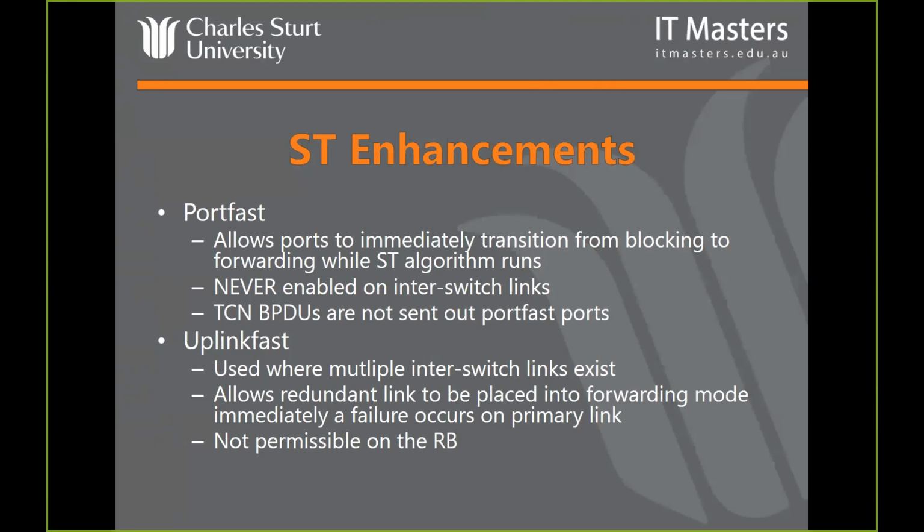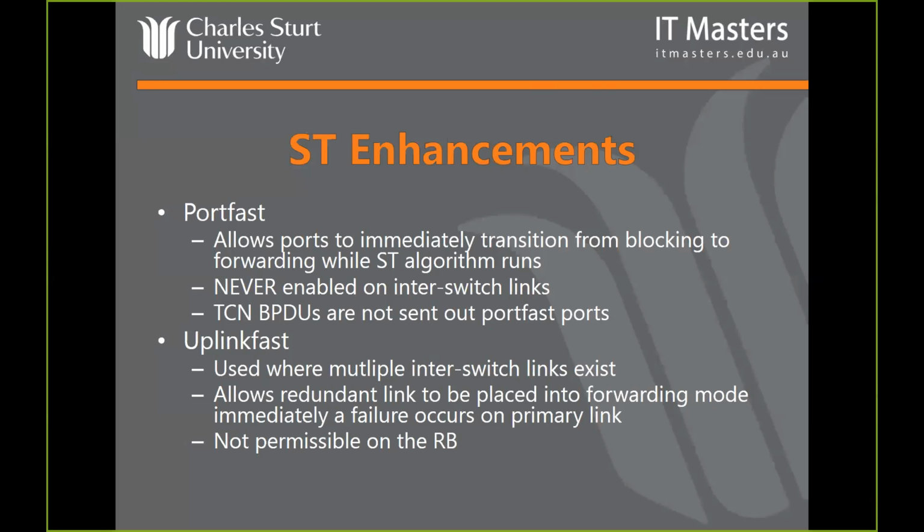Okay, UplinkFast is used where multiple interswitch links exist. So we've got multiple redundant paths. Yes, we've always got multiple paths in redundancy, but we might have 3, 4, 5 links. And this allows a redundant link to be placed into forwarding mode immediately a failure occurs on the primary link. So you can't configure this on a root bridge, mainly because it's the boss.